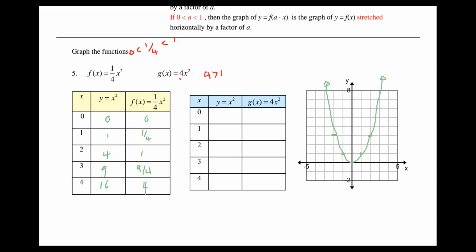And then if you look at the second one, 4 times x squared, if you want to graph this one. So 0, 0, 1, 1/4 will be right here, and 2 is 1.